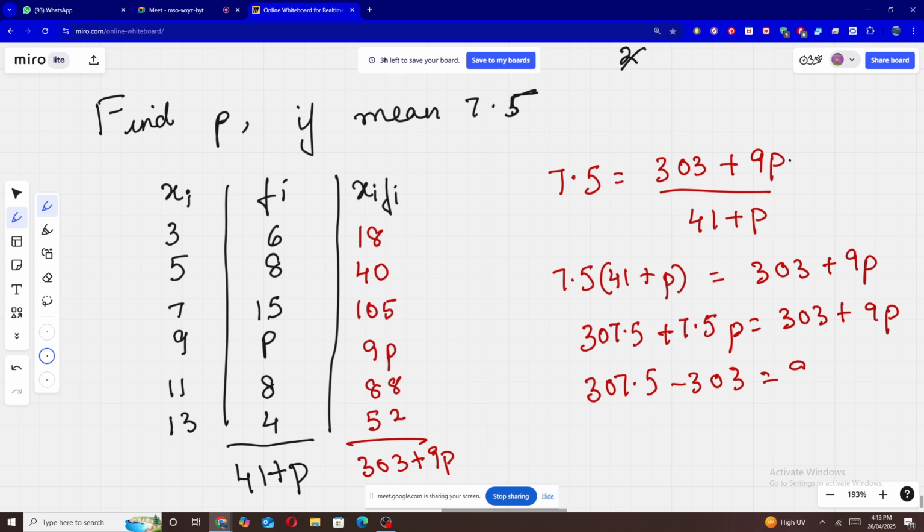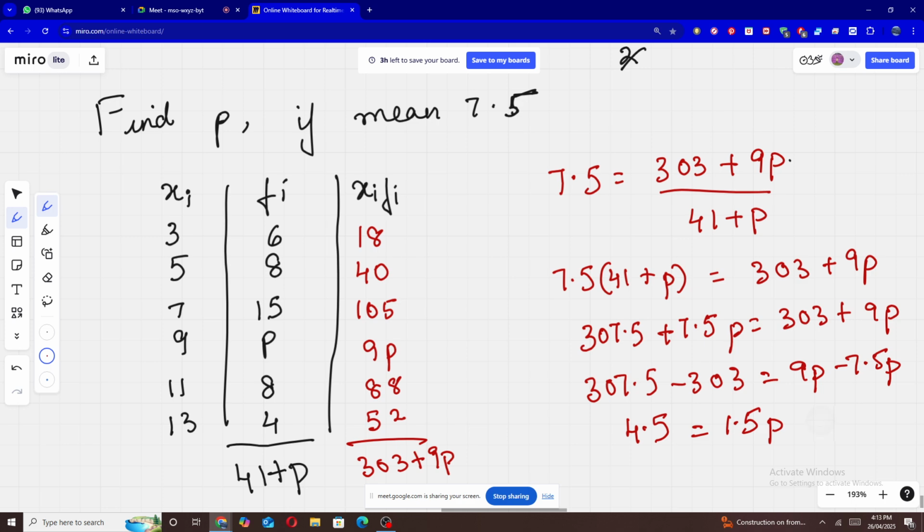I messed up the whole thing. 307.5 minus 303 equals 9p minus 7.5p. So 4.5 equals 1.5p. Ma'am, I got 0.56. Wait, something is wrong. So here 1.5p. Ma'am, so p is 0.3.